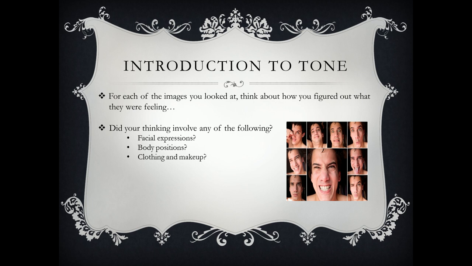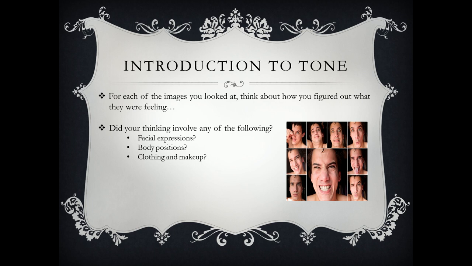Did you take a look at facial expressions? So maybe what they were doing with their face. Were they laughing? Were they frowning? That's how 99% of our attitude receptors work. It's basically what we see people doing with their face. So if you saw something in their face, go ahead and write that down.